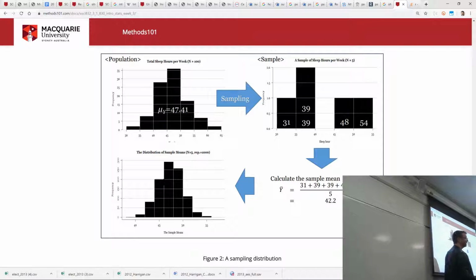And it turns out there is a magical number, 2. It's actually 1.96, but basically it's 2. 1.96 standard errors from a mean is the 95% confidence interval for a two-tailed distribution.